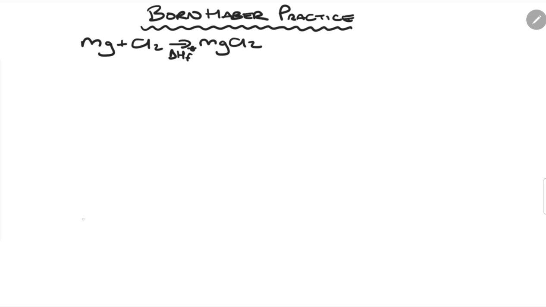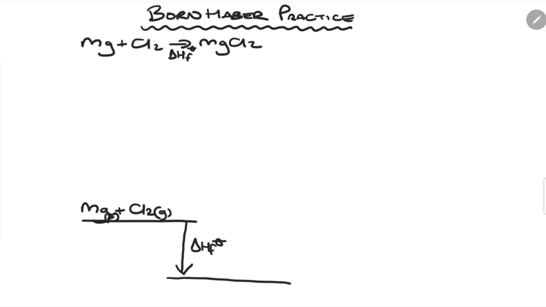And so we will start off with our elements in their standard states at 298. So that will be chlorine as a gas and magnesium as a solid there. And we know that we're going to be asking to create the delta HF, which is going to be the question.